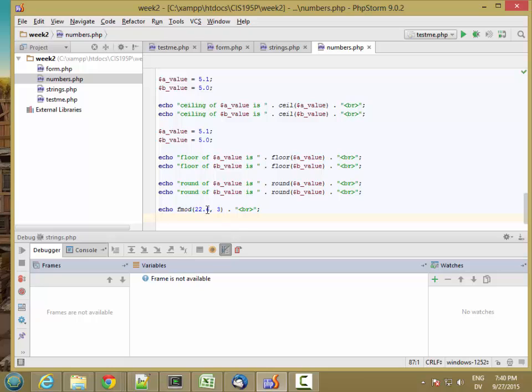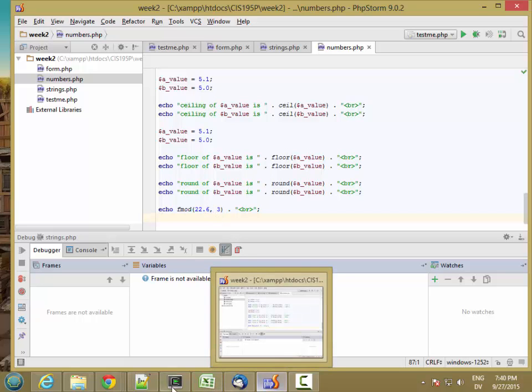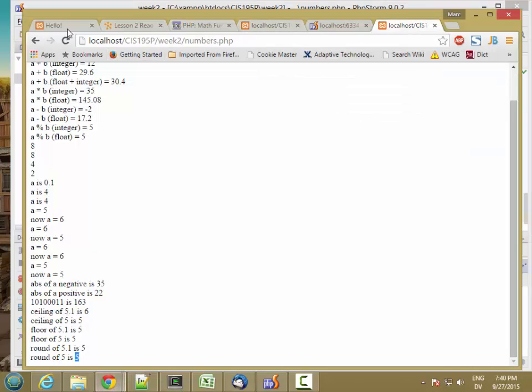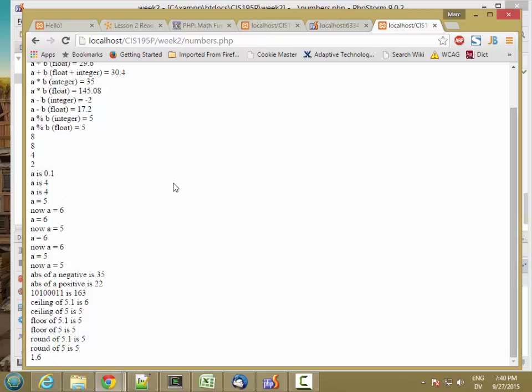So fmod of 22.6 comma 3 should be 1.6. And that's what we get.